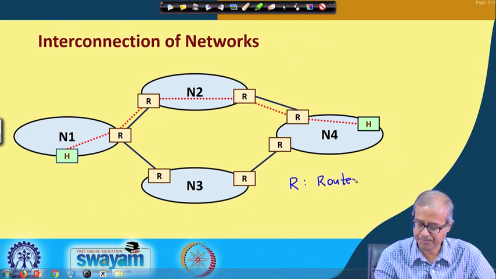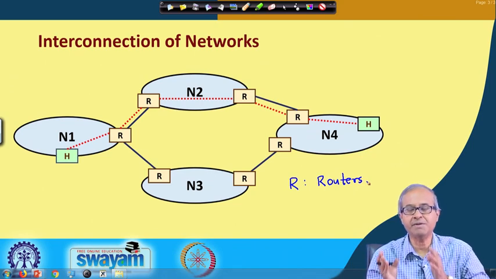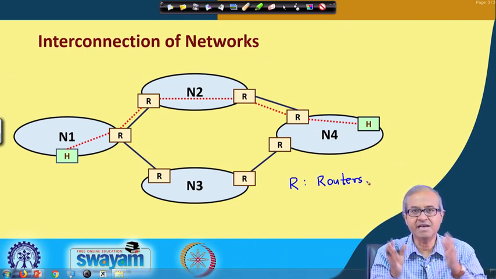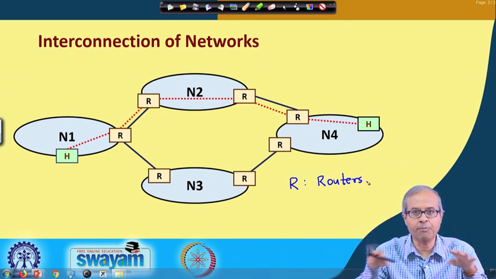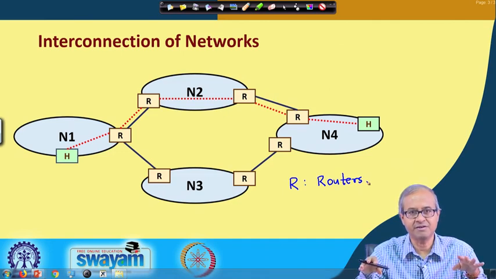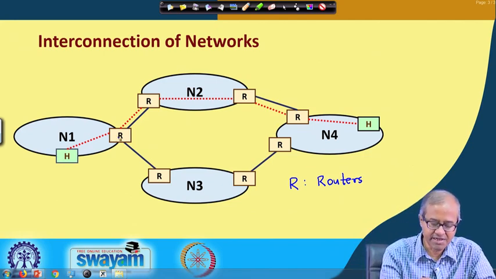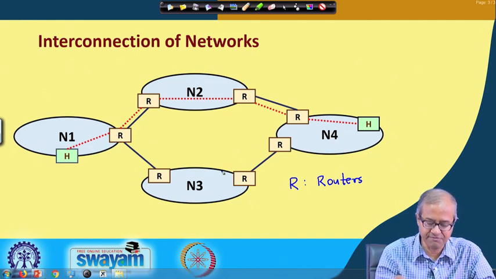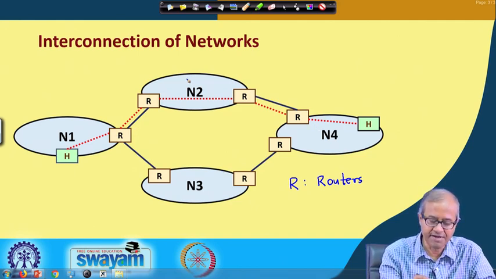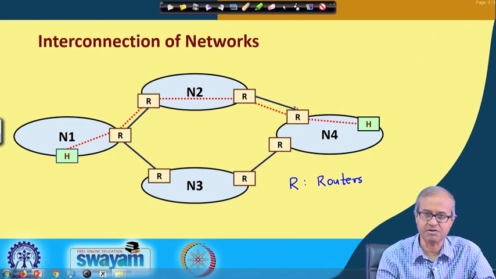Routers are essentially networking devices which operate at the IP layer level. Okay. So, whatever we are talking about regarding IP fragmentation, it will be taken care of inside that router. Okay. So, you see there are routers at the boundary of the different networks, and the different networks are typically connected through these routers.